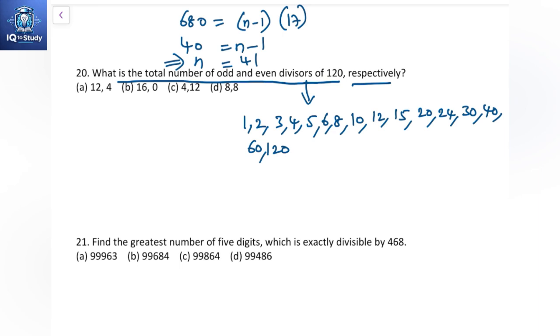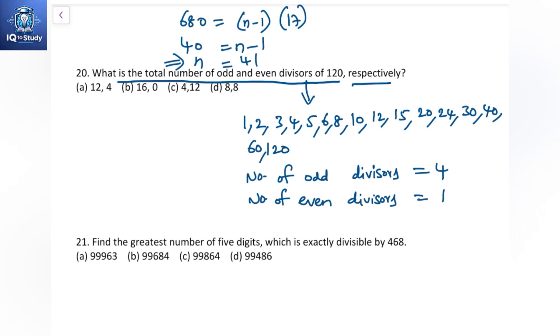Here the number of odd divisors is equal to 4 and number of even divisors is equal to 12, which is option number C.